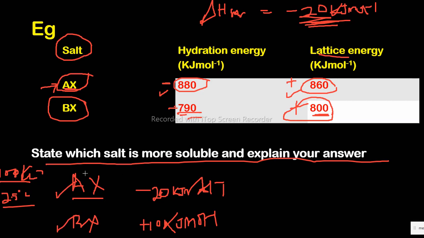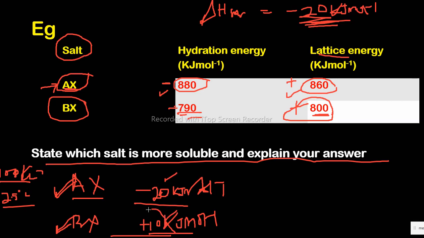And then if you determine the concentration of AX in 100 grams of water and the concentration of BX in 100 grams of water, you find that AX has more concentration in 100 grams of water than BX. So that's what we mean by the solubility of this being higher than the solubility of this.